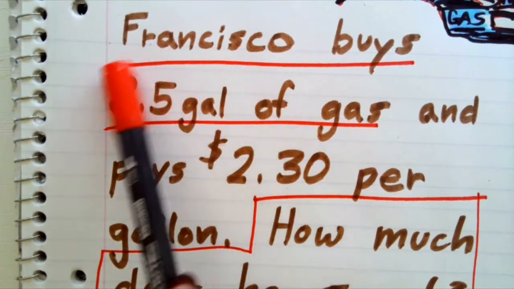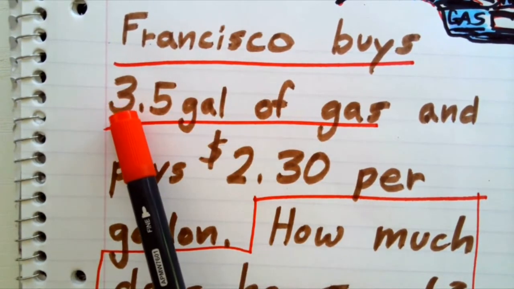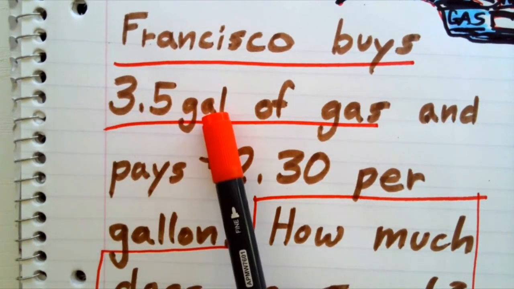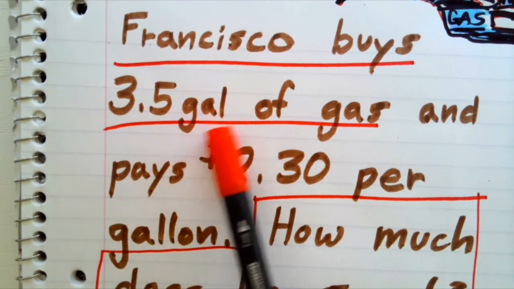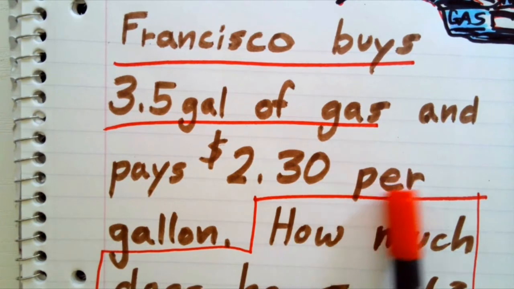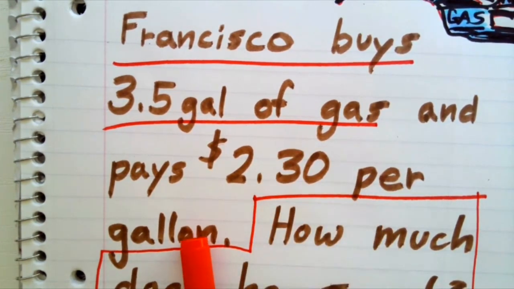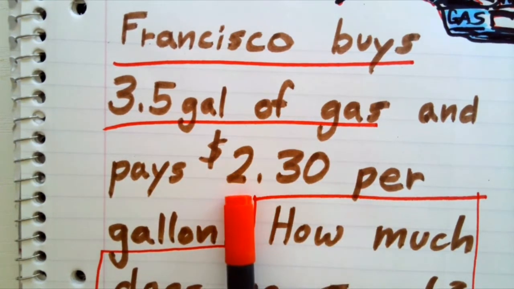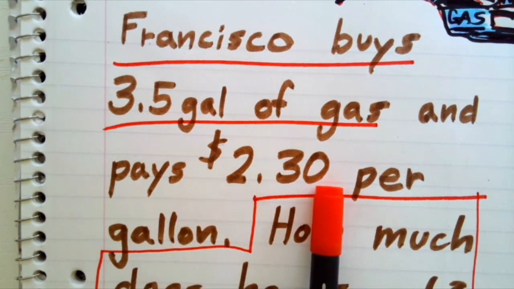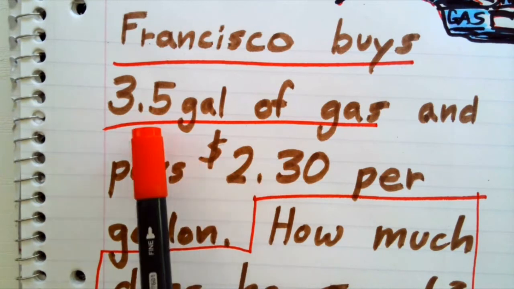We see how much gas he's buying altogether, 3 and 5/10 of a gallon. GAL stands for gallon. And what does this mean here? Per. $2.30 per gallon. That means 1 gallon of gas costs $2.30. But is Francisco buying 1 gallon of gas?